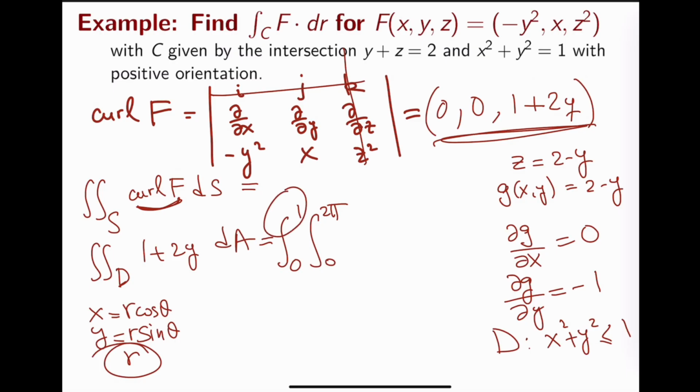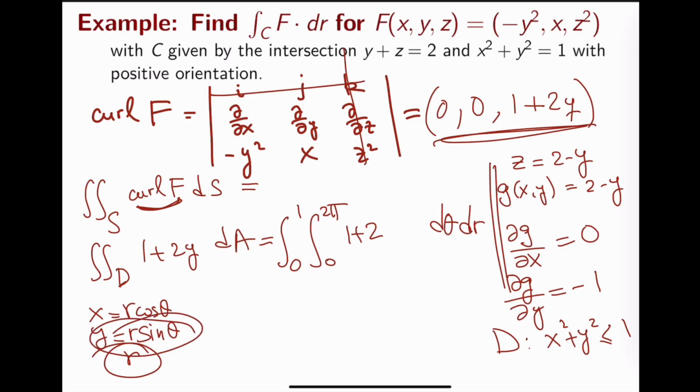So I'm using the r outside in this case, though it's the same, right? And so inside, the angle. And so inside here, I'm going to substitute. This is 1 plus 2y, which is r sine. And then multiply by r.